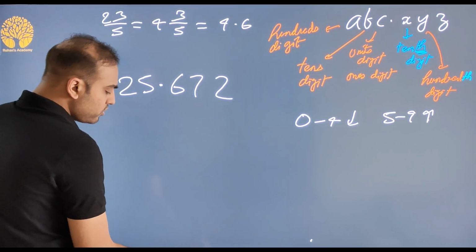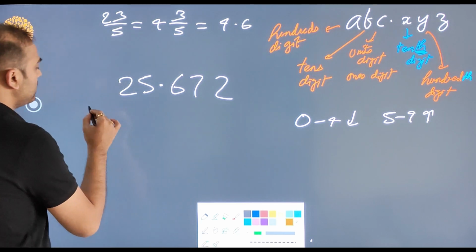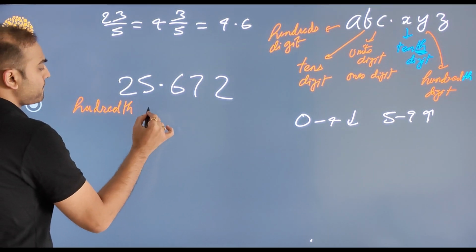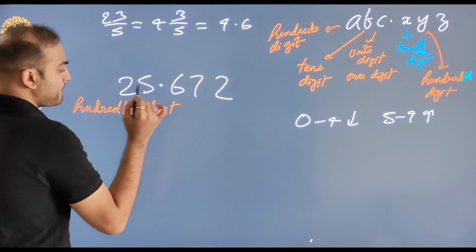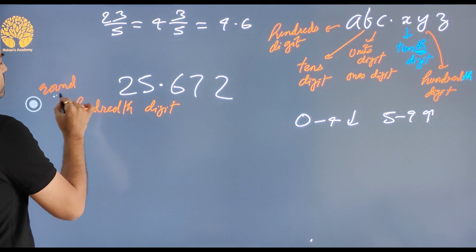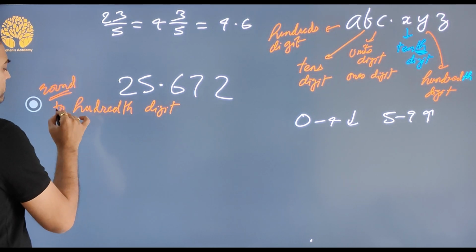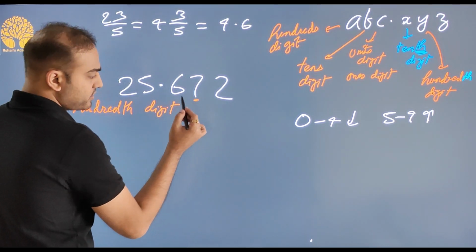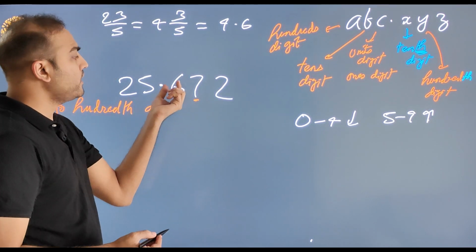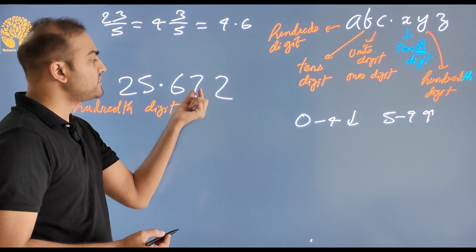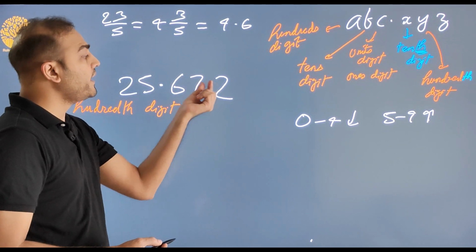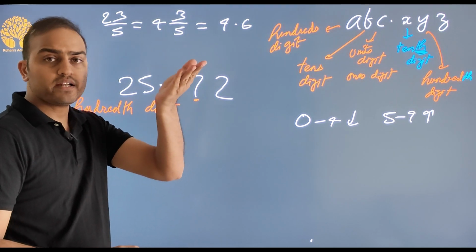If I want to round this to the hundredth digit, that means I don't want this value. So I look at this: it is 67, it could be 670, that's the lower range, 680, that's the higher range.